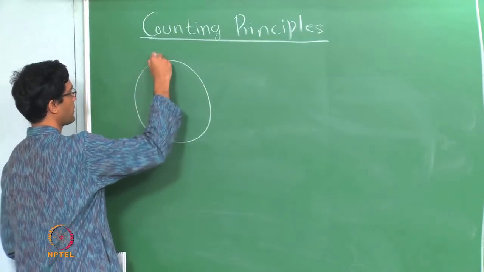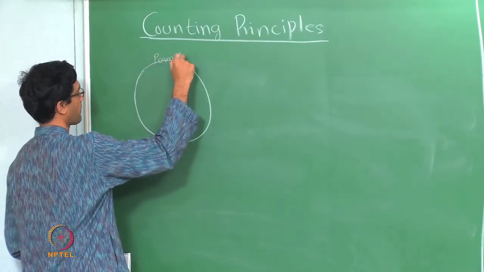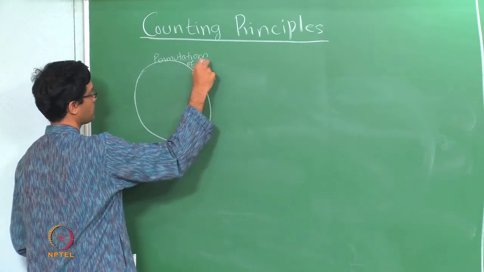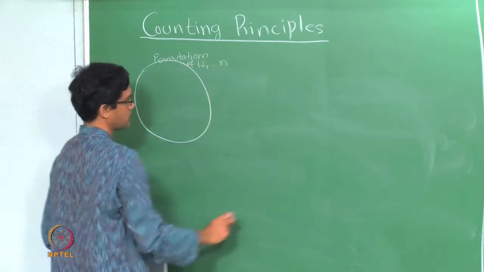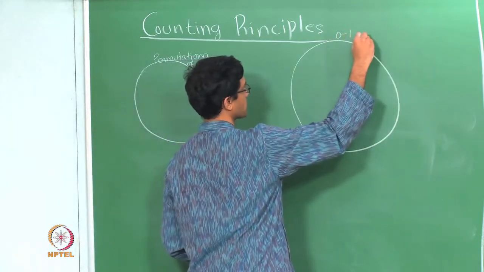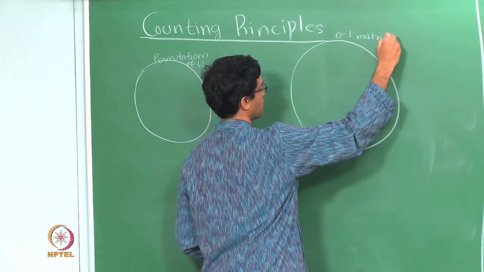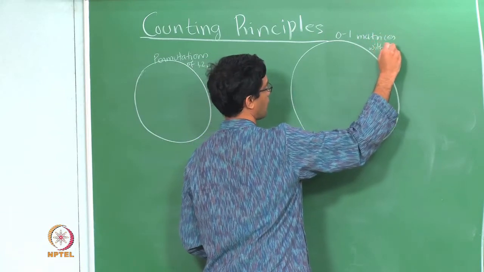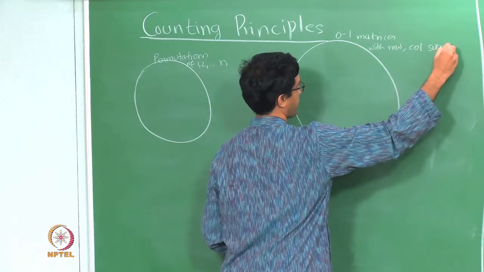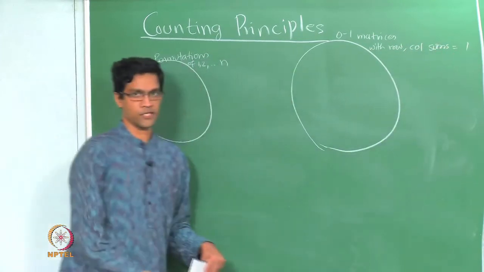You have the set of all permutations of the numbers 1, 2, 3 till n, and on the other hand you have the set consisting of 0 1 matrices with row and column sums 1, that is the other set.